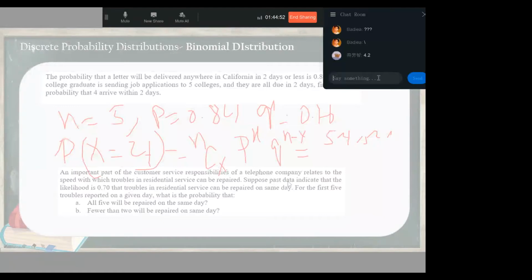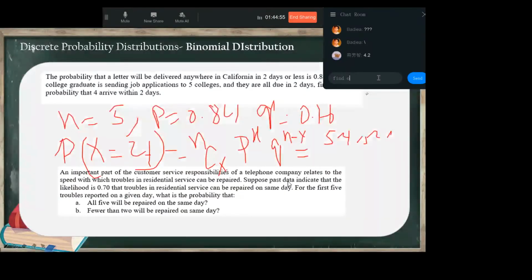So find out probability of x equal to 4. Who can do it quickly? Let's compete. So 5 4s are 20, 20 3s are 60, and 60 2s are 120.